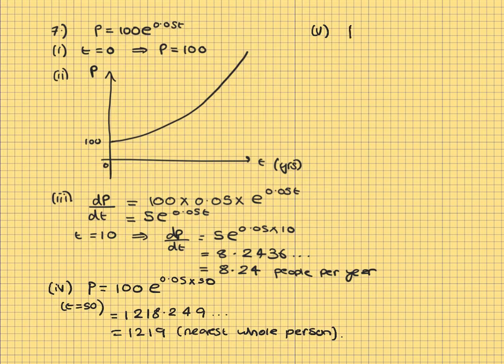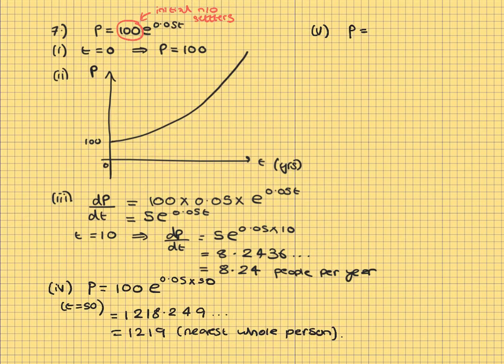So in this formula, P equals 100 e to the 0.05t. Remember, 100 represents the initial number of settlers. So in part 5, they are asking us to find out how many would we need initially to get the population up to 2,000 at least after 50 years.